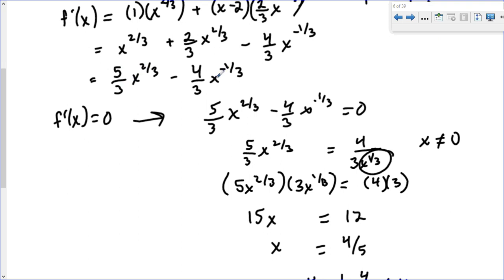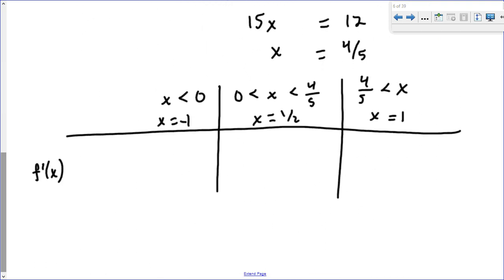Then the third root of -1 is -1, raised to the 1 power, still -1, multiplied by -4/3. If this is -1 and multiplied by -4/3, that would be a plus 4/3. So I've got 5/3 plus 4/3, which is going to be positive. And that means it's increasing.